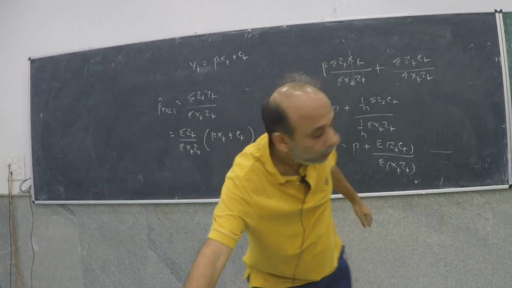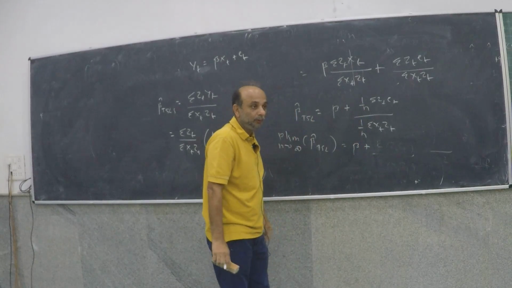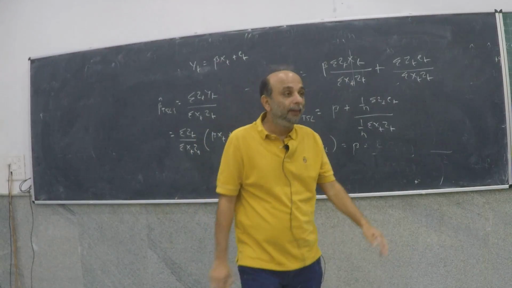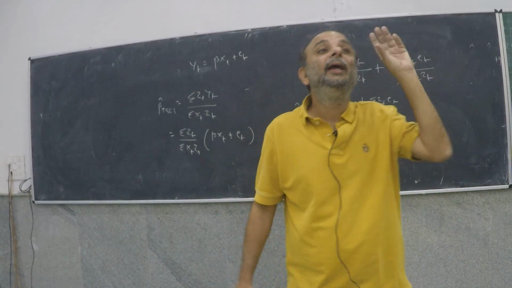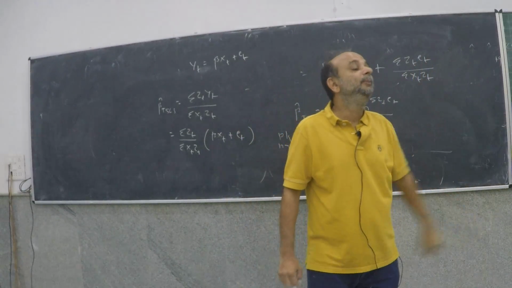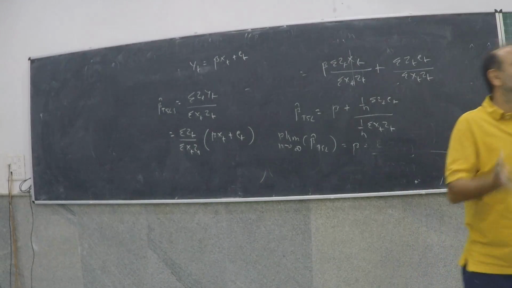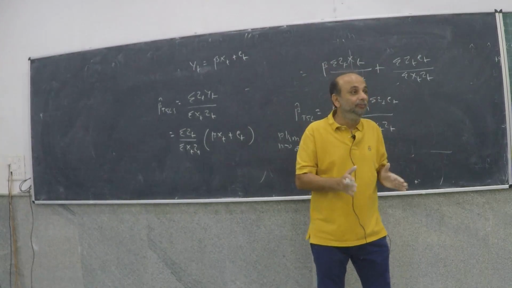So this part will tend to 0. And therefore, we'll be able to show that the probability limit of beta hat TSLS as n tends to infinity is beta. Which means that the TSLS estimators, just like the instrumental variable estimators, are consistent estimators of beta.